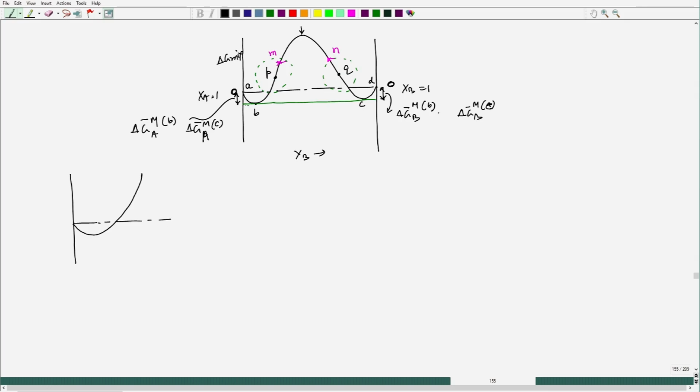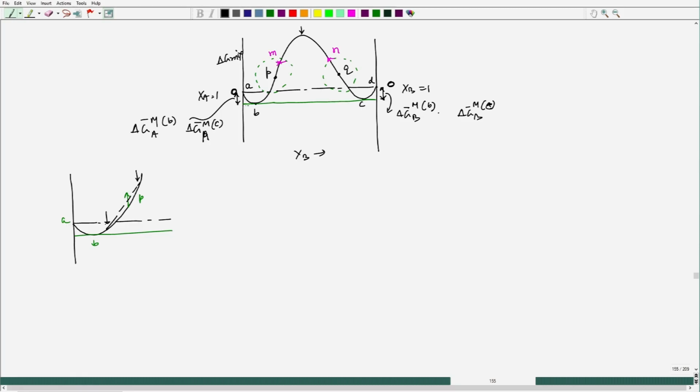So, now this is the common tangent passing through B and C, and this is the Q, this is the P. And now, if there is an increase in free energy, I can have a situation like this, composition and this composition.